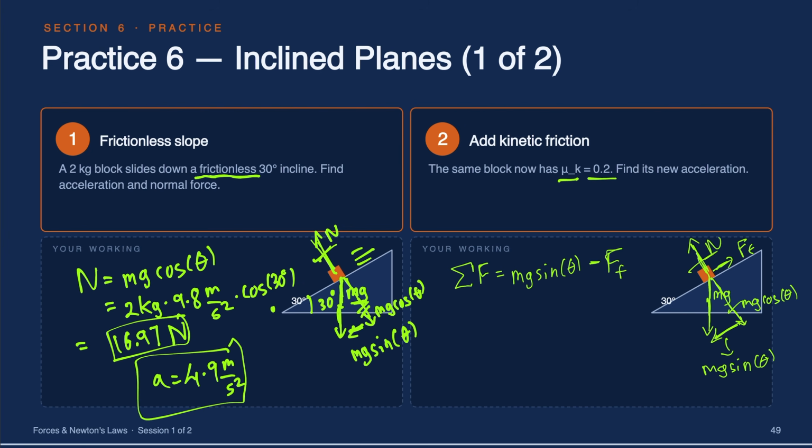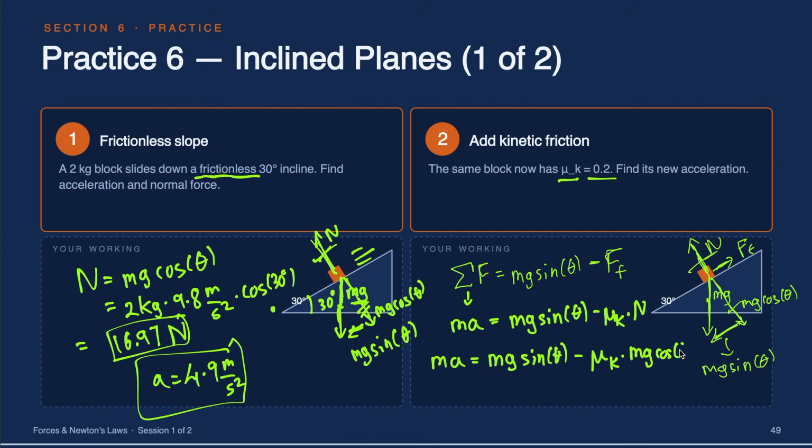So I know I can substitute net force with ma. It's equal to mg sine theta. You remember what force of friction was? mu k times the normal force. So ma is equal to mg sine theta minus mu k times the normal force, and if you remember, the normal force was just equal to mg cosine theta, right?